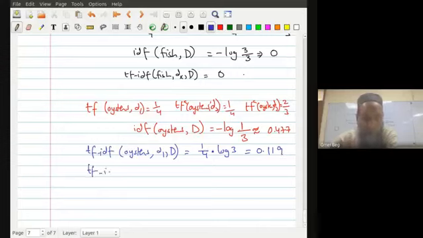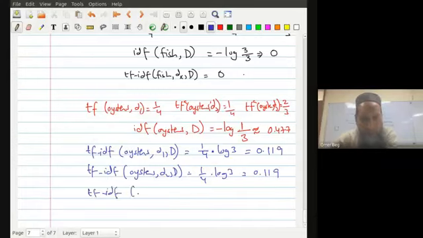Similarly, TF-IDF can be computed for document 2, which would again be 1 by 4, and the IDF is the same, log 3, so the value is the same.